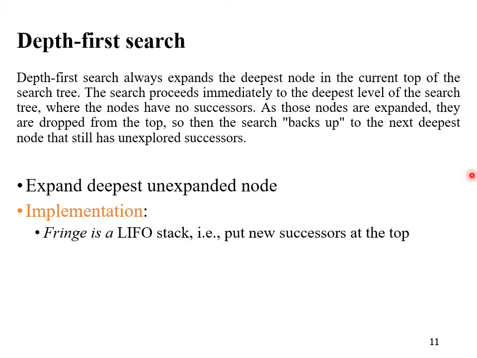Depth first search always expands the deepest node in the current top of the search tree. The search proceeds immediately to the deepest level of the search tree where the nodes have no successors. As those nodes are expanded, they are dropped from the top. Then the search backs up, or you can say backtracks, to the next deepest node that still has unexplored successors.